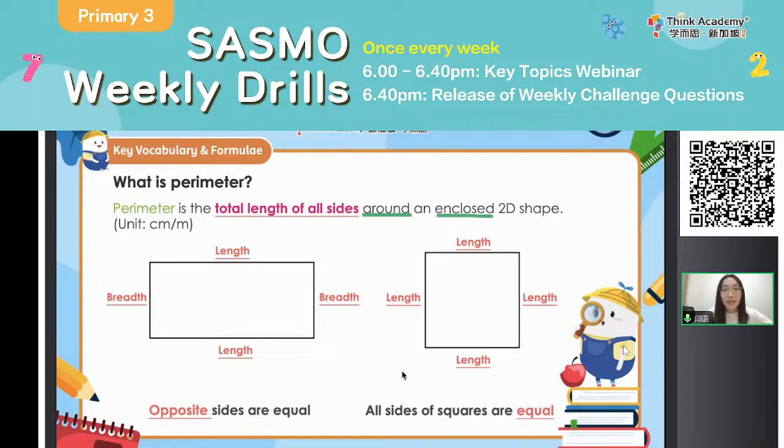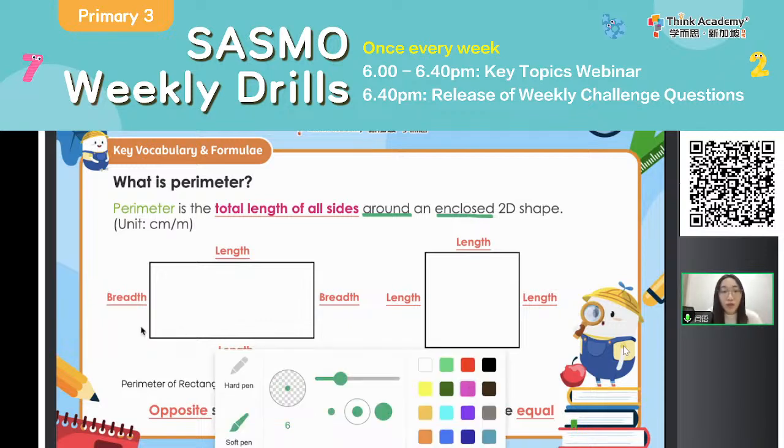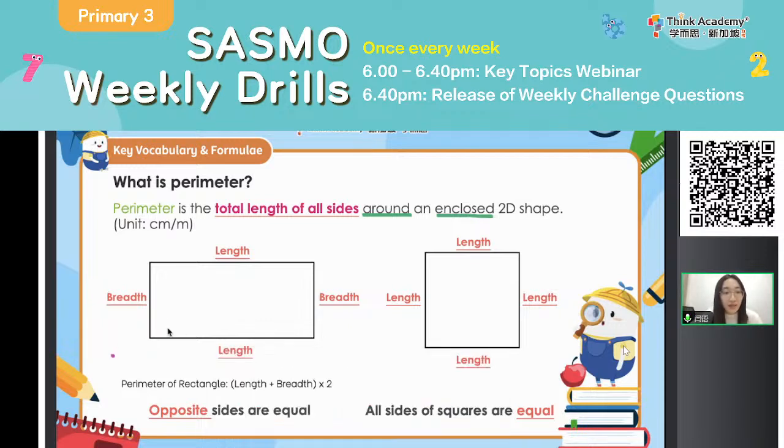So here, you can see that we can get the formula. How to calculate the perimeter of a rectangle? We just add length and breadth together first, and then we multiply by 2. Because if you try to divide the rectangle into 2 parts, you see that firstly, add them up together, and then times 2, you can get the other side.